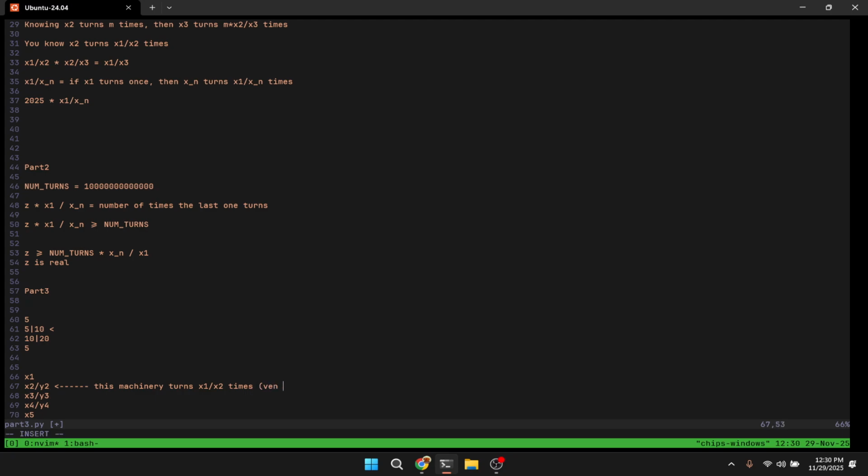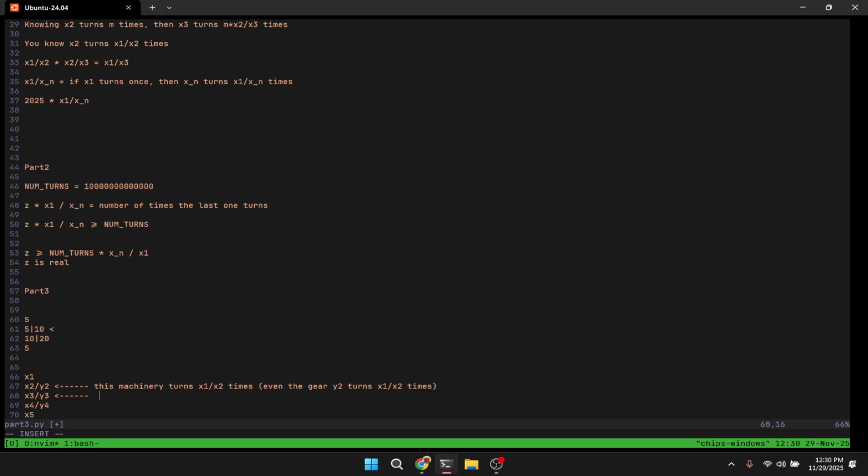So you know even the gear y2 turns x1 divided by x2 times, right? You know that y2 turns that many times. Now you ask yourself, if this whole shaft turns once, then how many times does this thing turn, right? Their speed depends here.